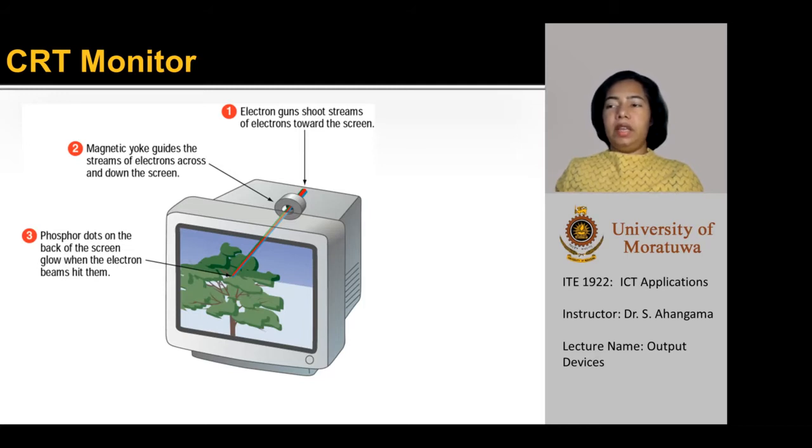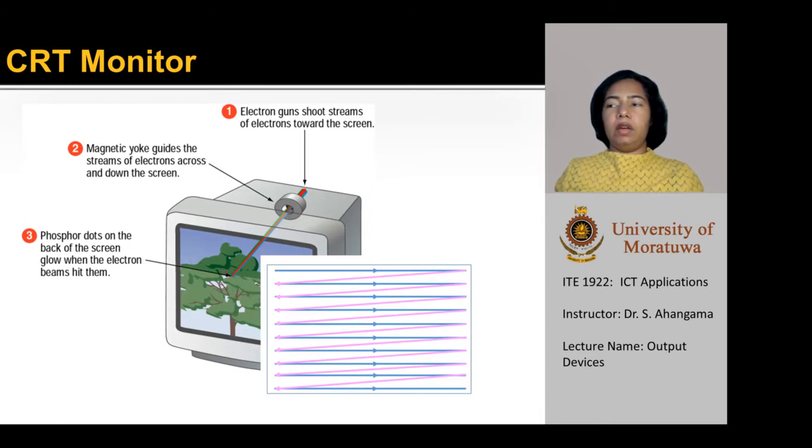The screen is coated with a chemical called phosphors that glow when struck by electron beams. This phosphor coating is organized into a grid of dots, where the smallest number of dots that can be focused by the magnetic coil at once is called a pixel.